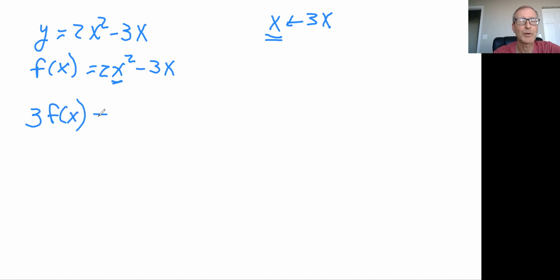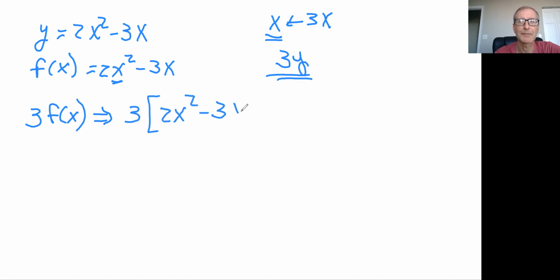So what that implies in this case is that you want to take the value y and multiply it by 3. Or this whole equation gets multiplied by 3. So the way to look at that, that would be 3 times 2x squared minus 3x. And so when you do that, you get 6x squared minus 9x.